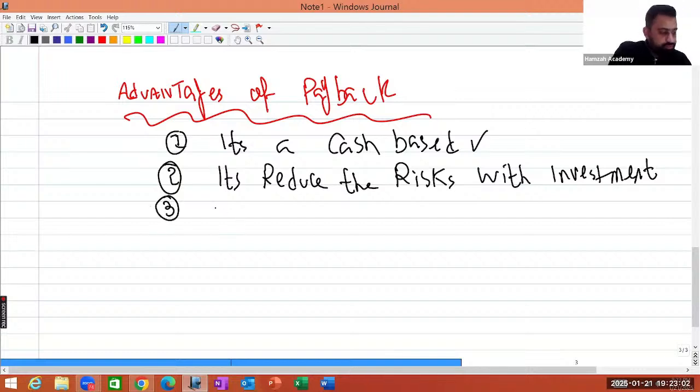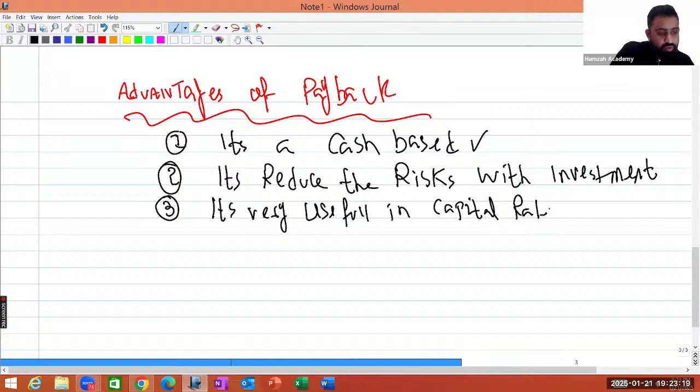Number three, it's very useful in capital rationing. The payback period is useful in capital rationing for investment decision. Now, what is capital rationing?